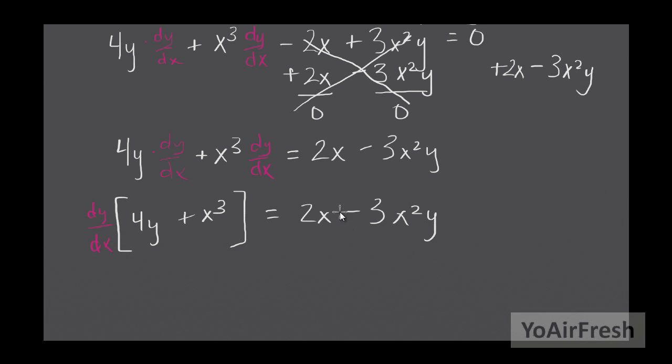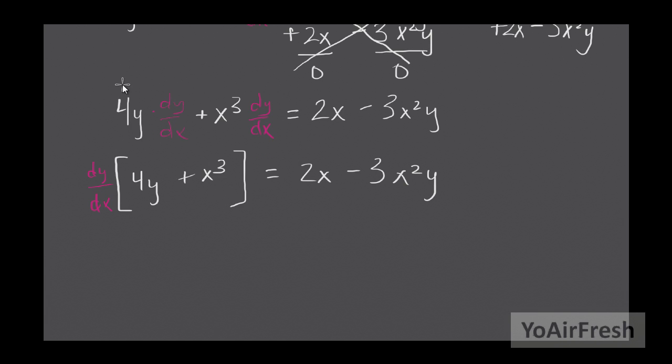And the last step here is to get the dy dx alone. To do that, we divide this whole side by this entire term 4y plus x cubed, and also divide the other side by the same term 4y plus x cubed. And then that isolates the dy dx and will give you your answer.